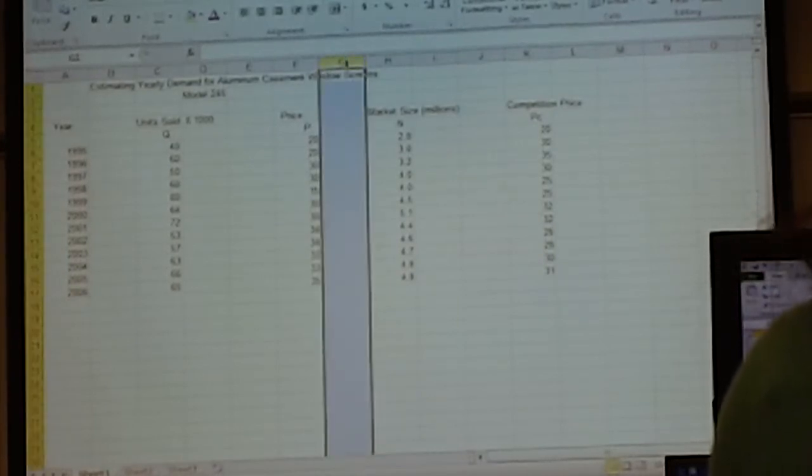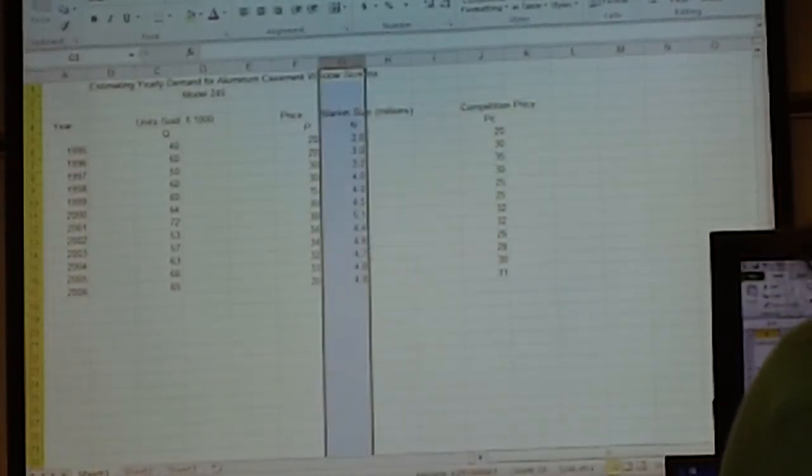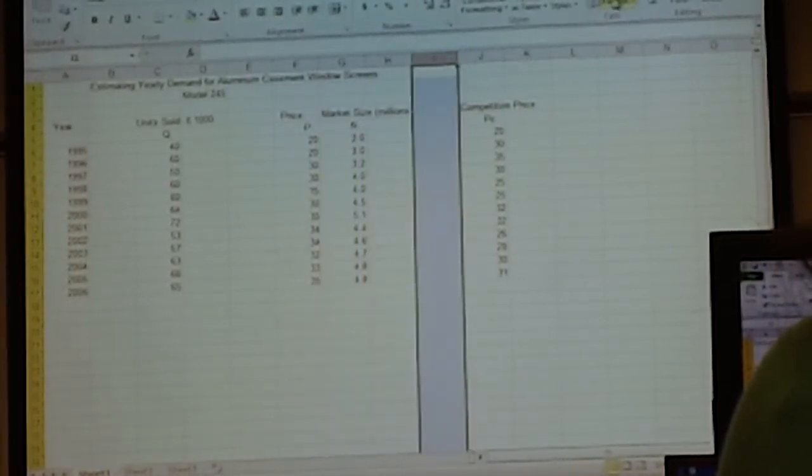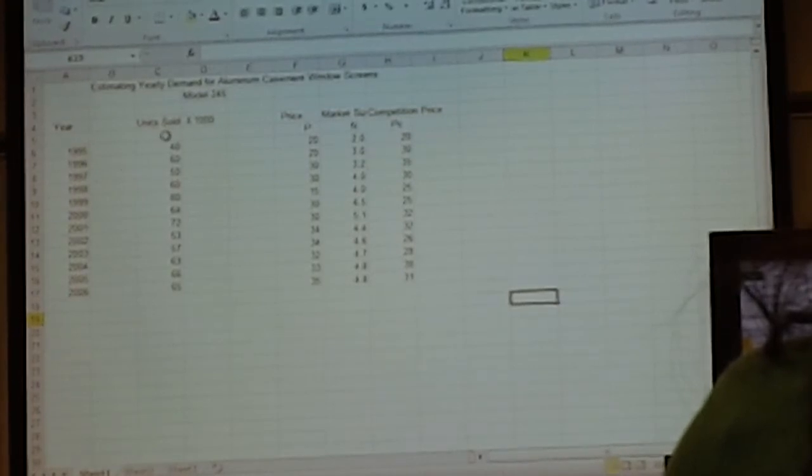We'll eliminate this. And eliminate this. Eliminate this too. Okay, so these are the three x's. This is x1, x2, and this is x3. And this is the y.